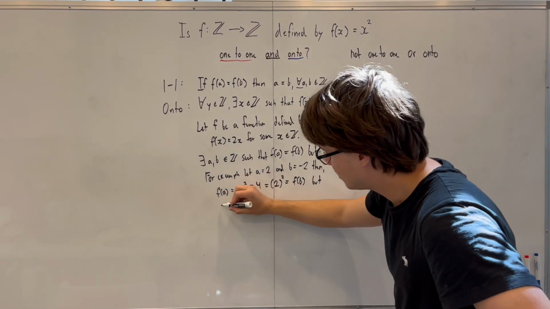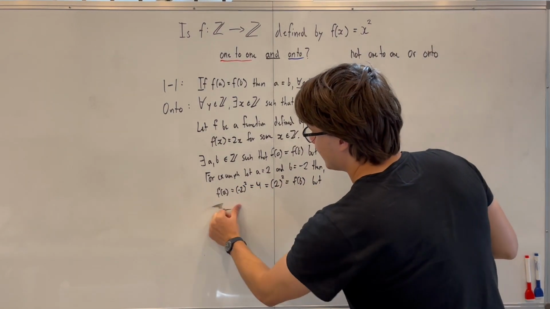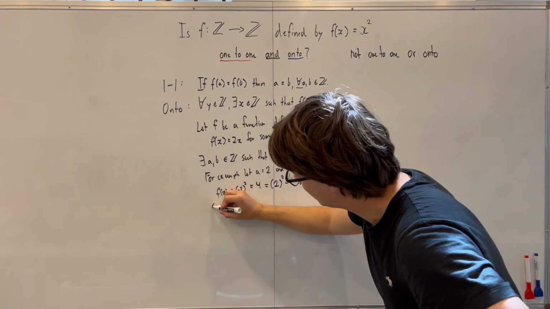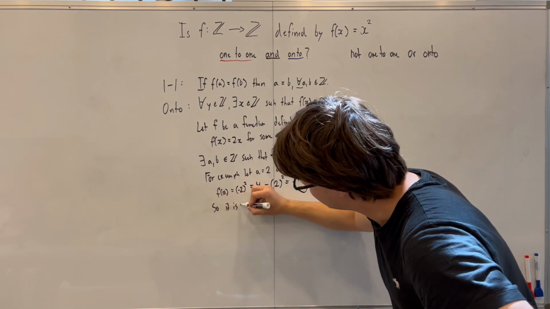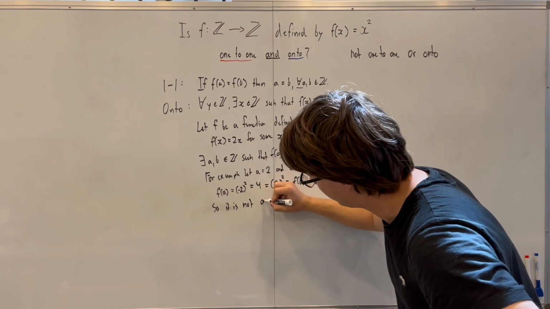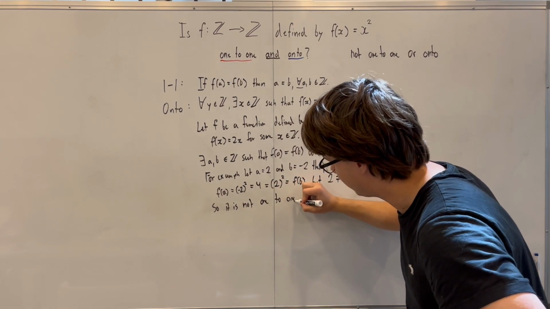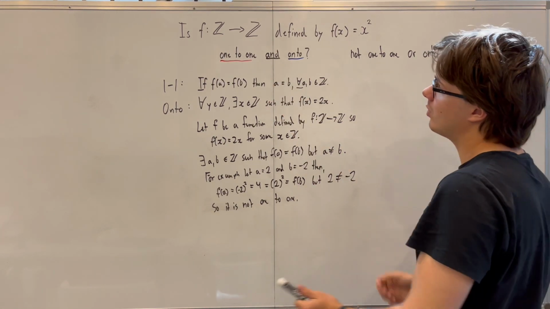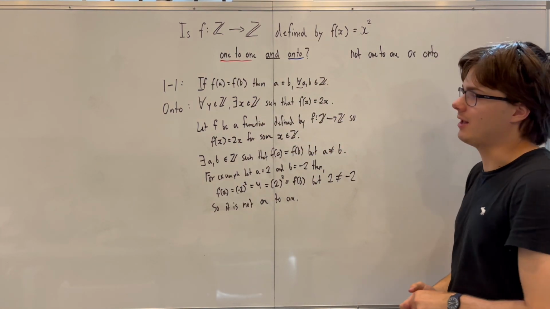But 2 does not equal -2, so it is not 1 to 1. So there we go. We've proven that this function is not 1 to 1, so it cannot be both 1 to 1 and onto.